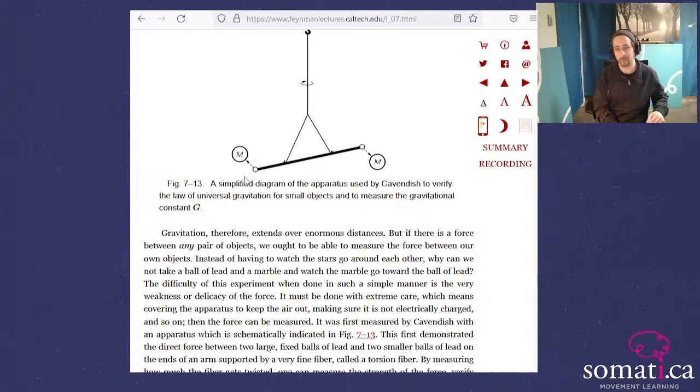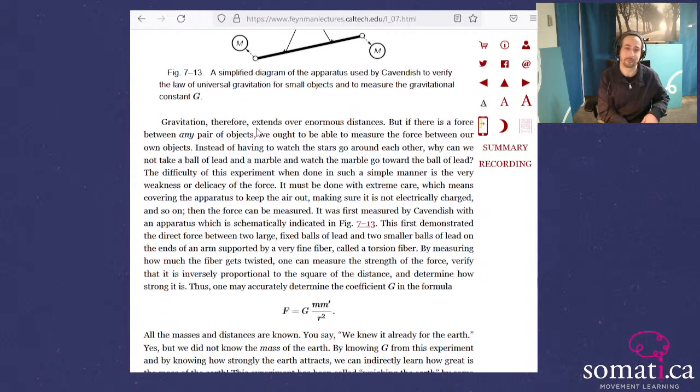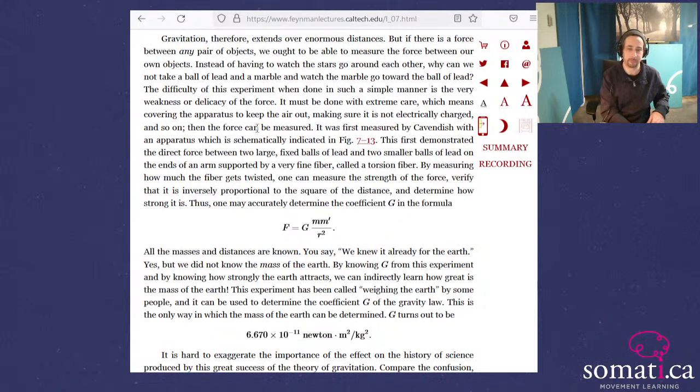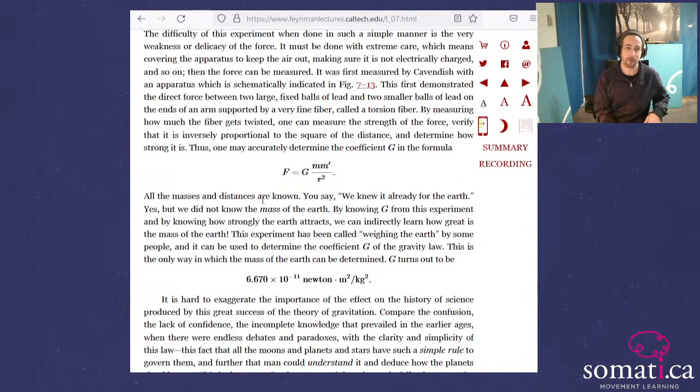The presence of these masses is going to introduce a twist into this wire. So by measuring how much the fiber gets twisted, I guess that detail remains to be clarified, you can measure the strength of the force and then plug it into this expression for gravity right there.